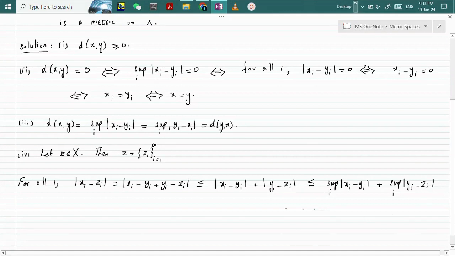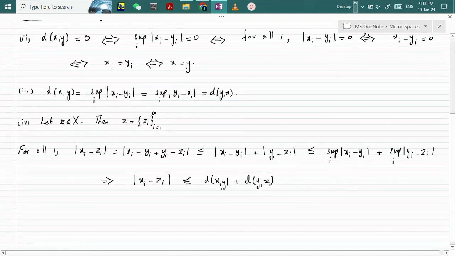Hence this implies that for all i, mod of xi minus zi is less than or equal to d of (x, y) plus d of (y, z).